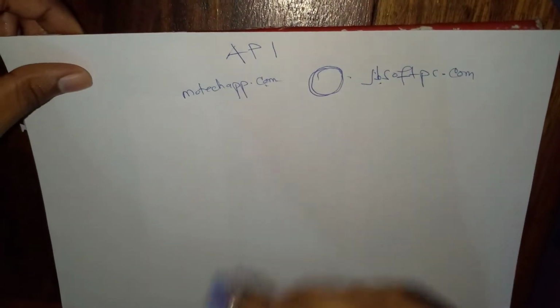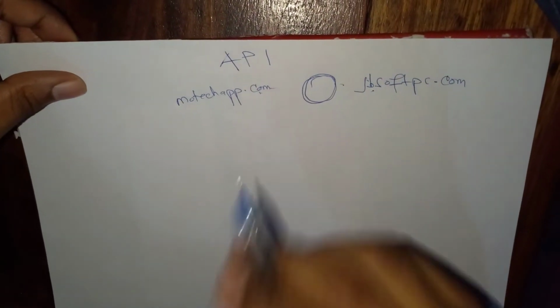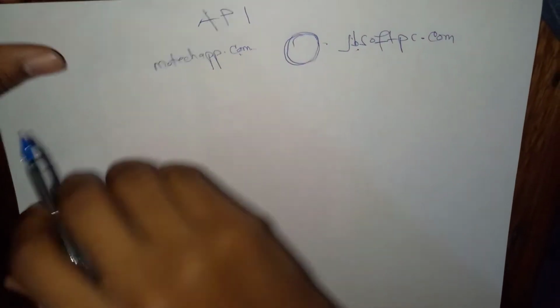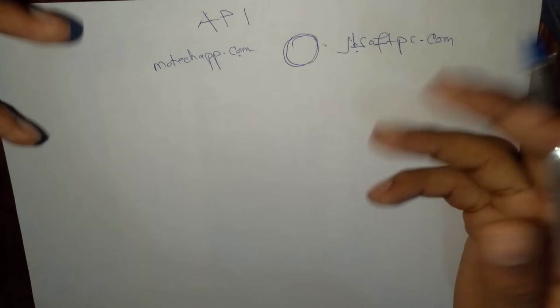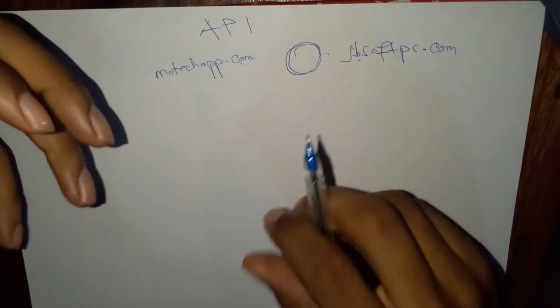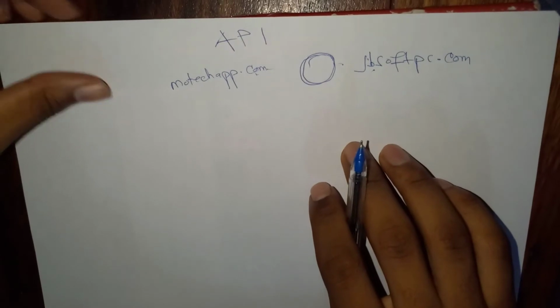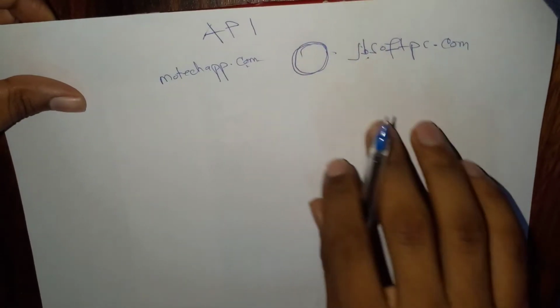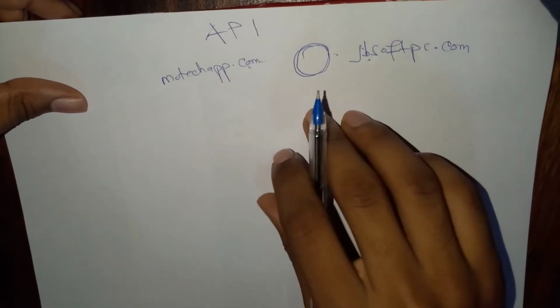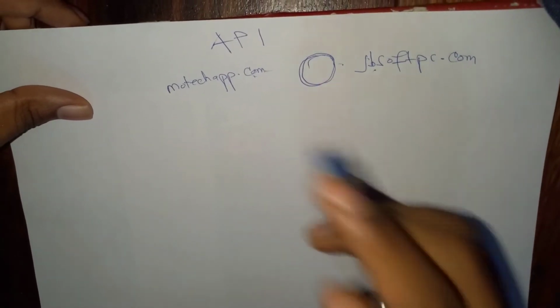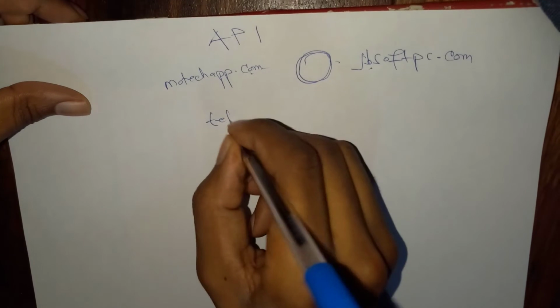So I'm coming to why each developer must use API in development. I highly recommend you developers to use API. Why? Because it has flexible uses in the development life cycle of your software. For example, you are given a task to develop a school management system which is tech.com.